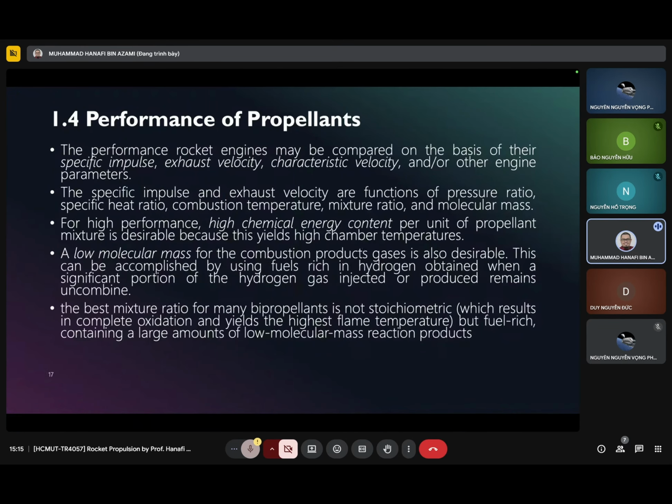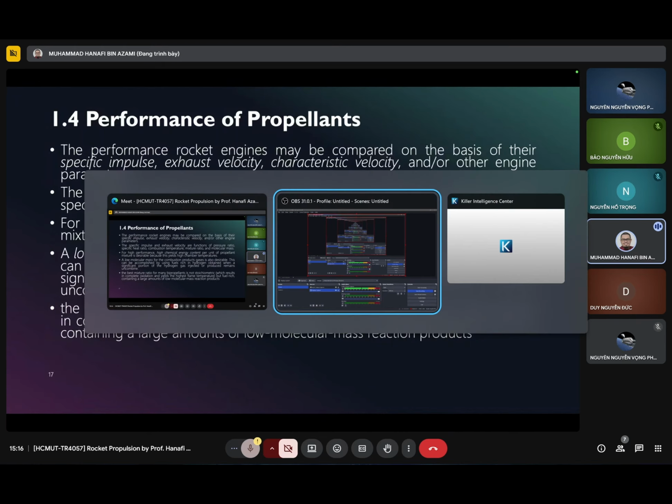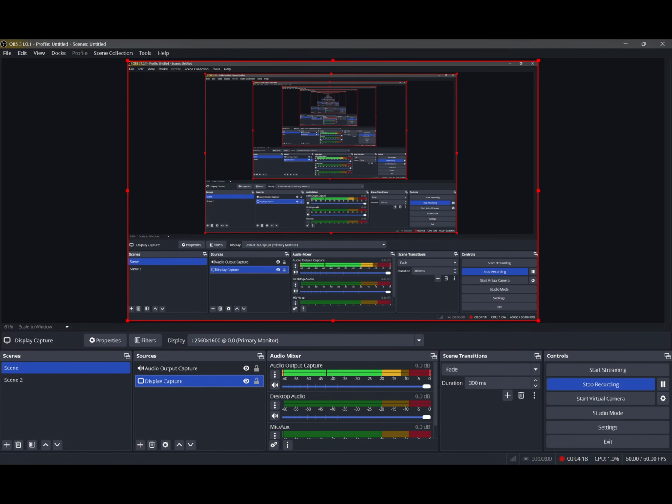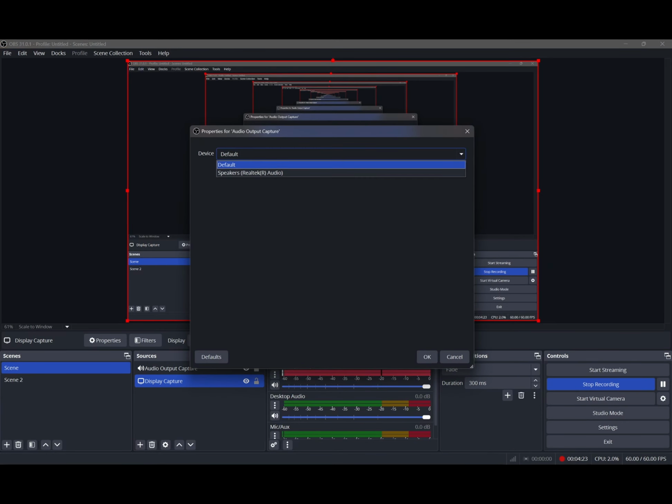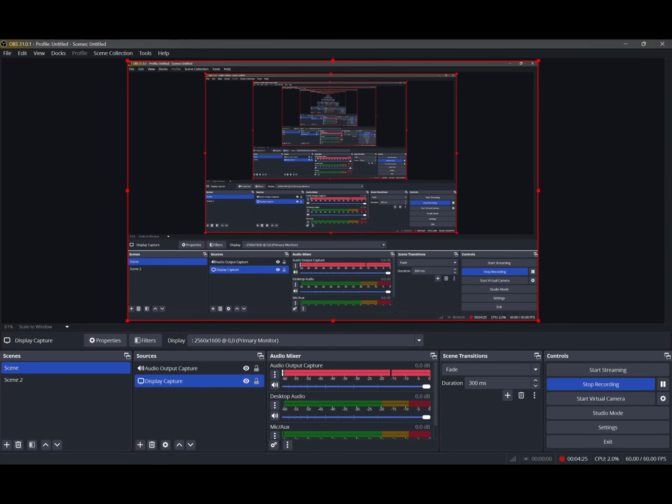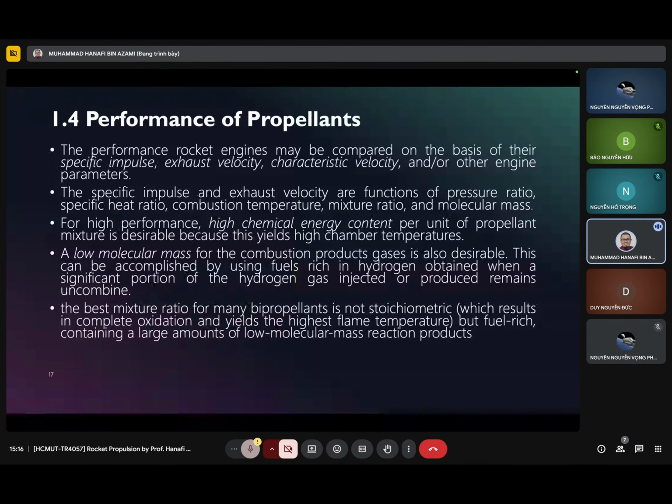Of course, other than that, what we want from the fuel is for the products after combustion to have low molecular mass. This is the desired one. And during burning in a rocket, we burn at an oxidizer to fuel ratio, R, of around 3 to 6, but in terms of the stoichiometric condition, we burn at the rich condition.